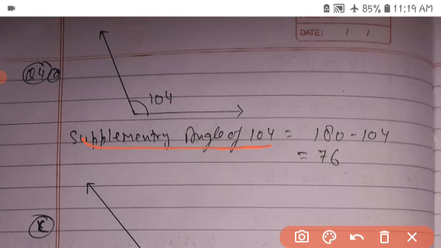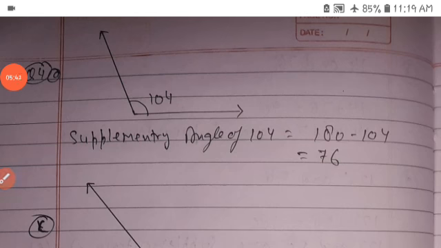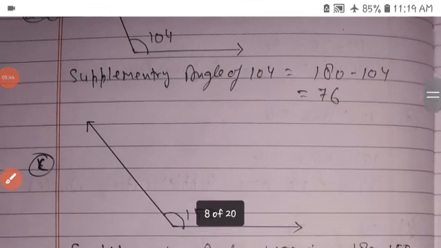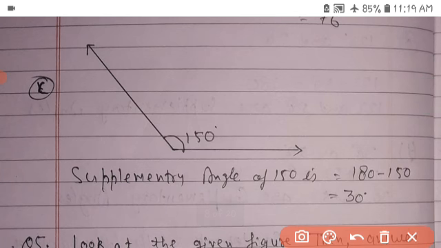The supplementary angle of 104 is 180 minus 104, which is equal to 76 degrees. The supplementary angle of 150 is 180 minus 150, which is equal to 30 degrees.